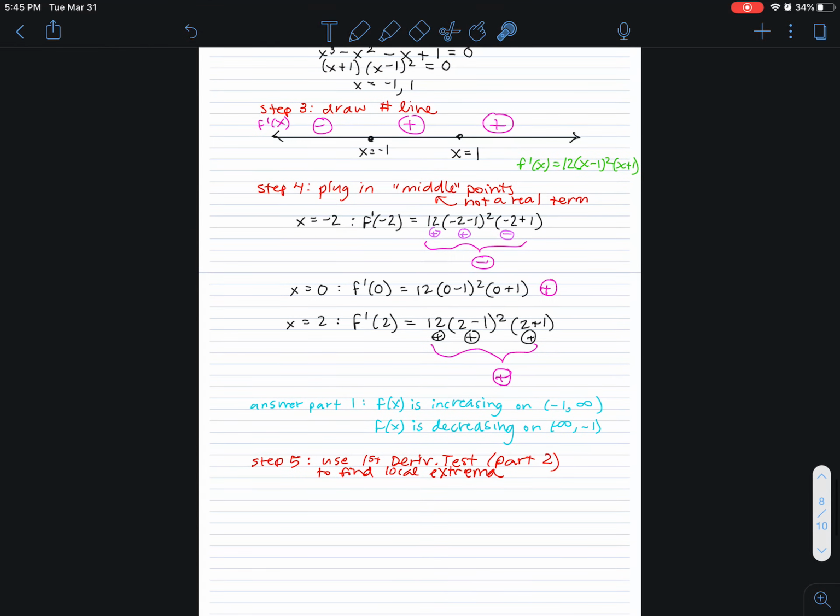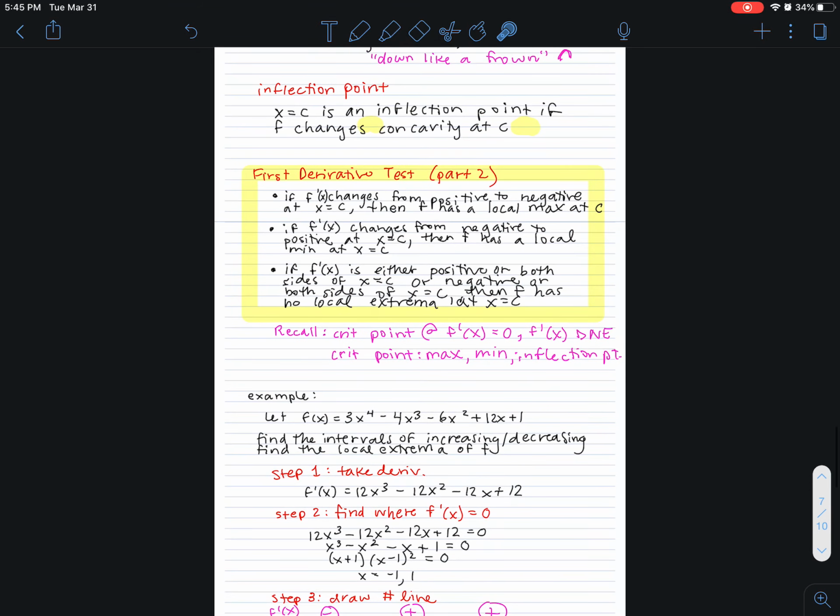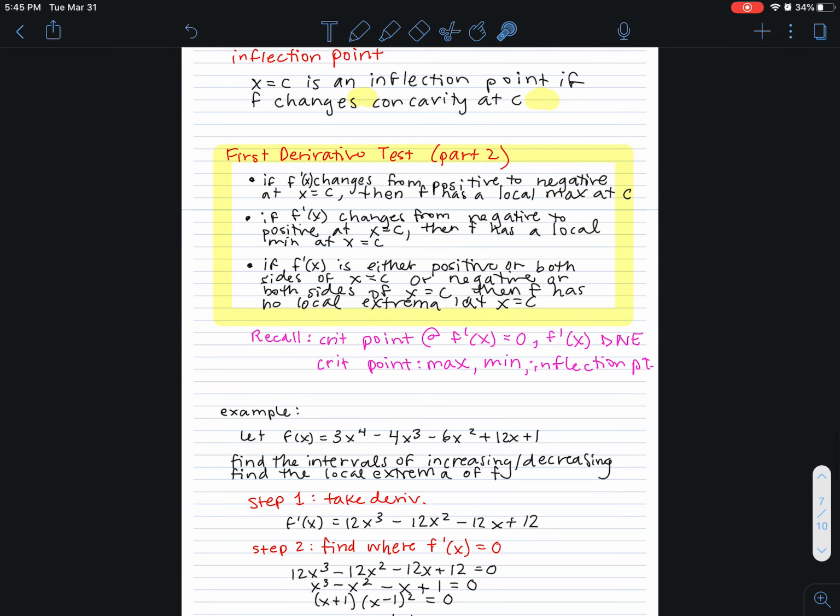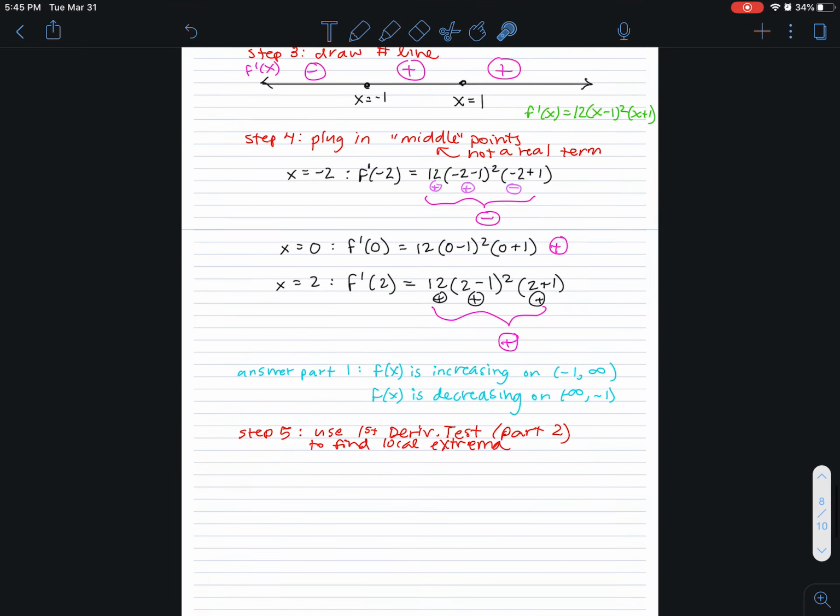And we can look up at our graph up here to find the local extrema. So we know from the first derivative test, we can go back and look at it, that our function has a local maximum when we're changing from positive to negative, and a local minimum when we're changing from negative to positive. And if it stays the same, we don't have any local extrema. So we just have to recognize the points where it changes, and we're done.